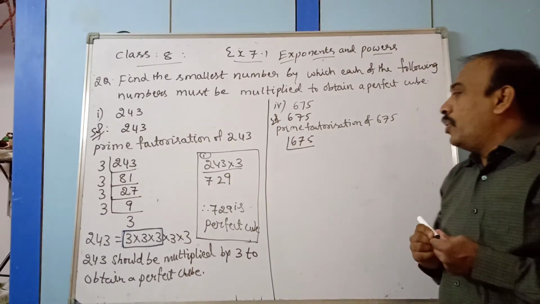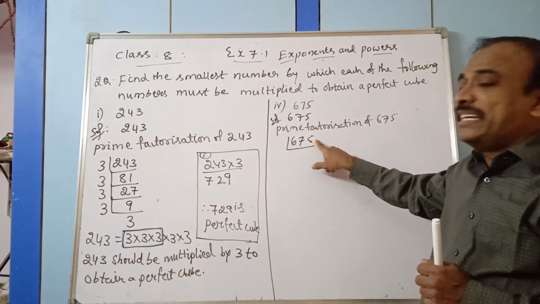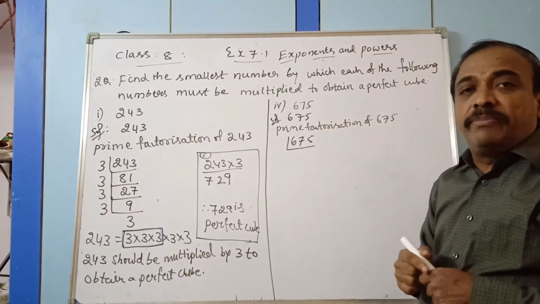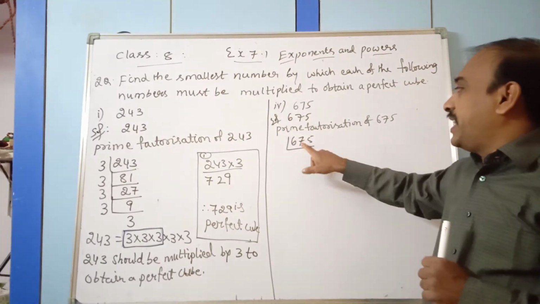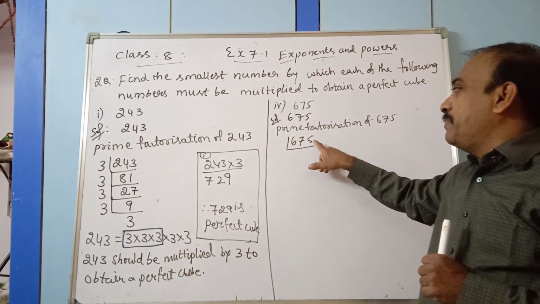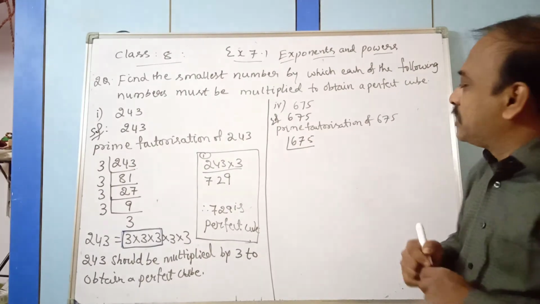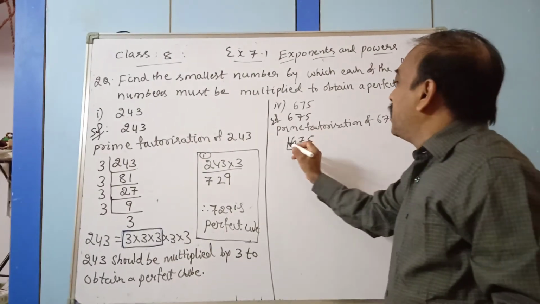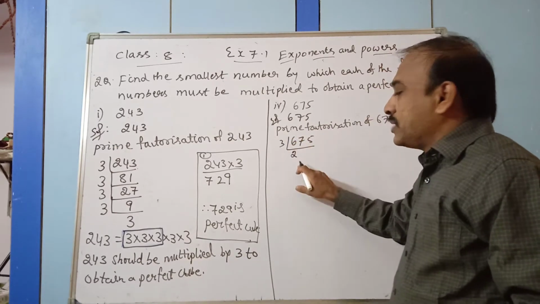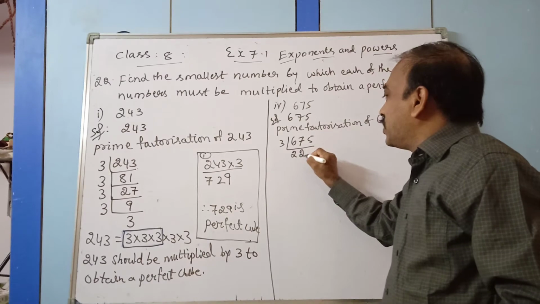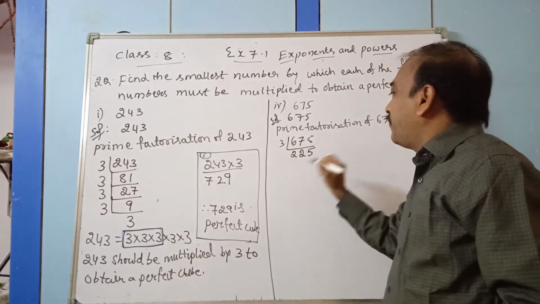No. By seeing the number we can say that because the ending digit is 5, it is divisible by 5. Or if you want to check, 6 plus 7 is 13, 13 plus 5 is 18, so it is divisible by 3 also. It is up to you. 3 twos are 6, 3 twos are 6, again 3 twos are 6, remainder 1, and 15, 3 fives are 15.